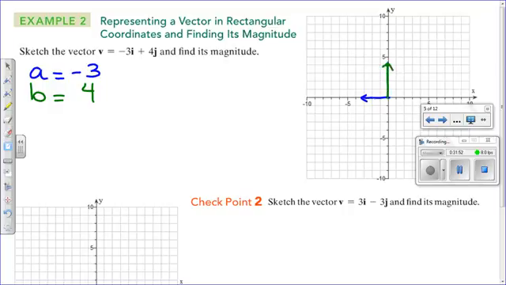Okay? But if we wanted to add them, you position this one here, and the resultant vector will be right here. Okay? So this one will be vector b, which is represented by -3i plus 4j. In other words, the initial point is at 0, 0, and the terminal point is at -3, 4.